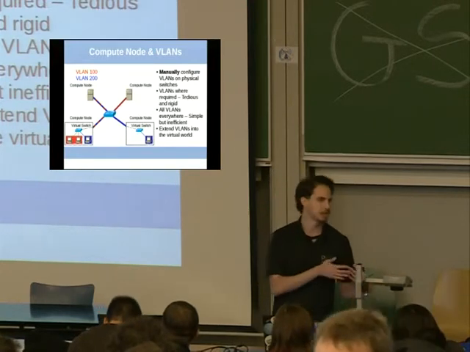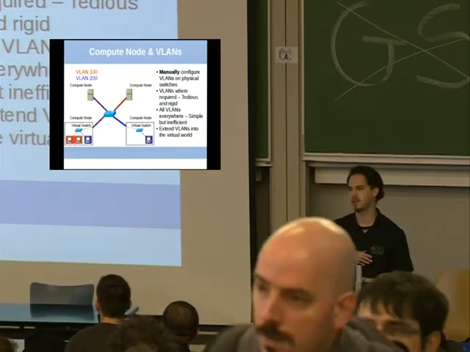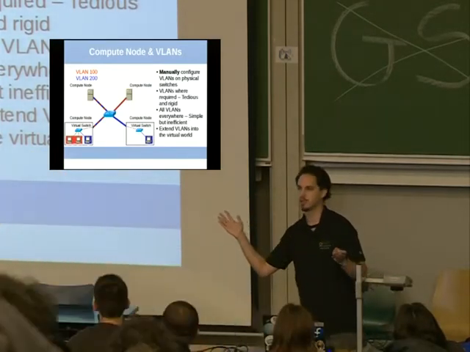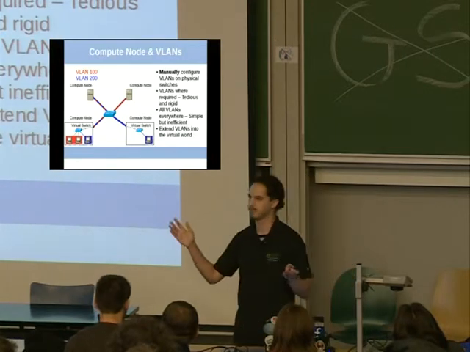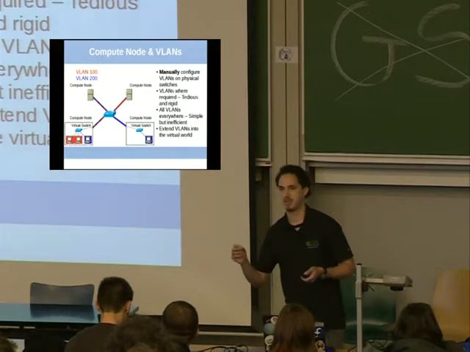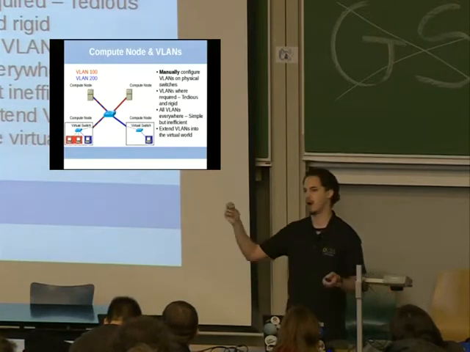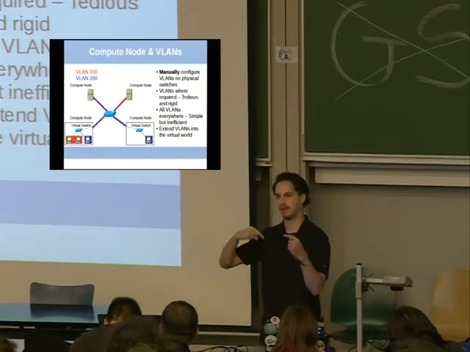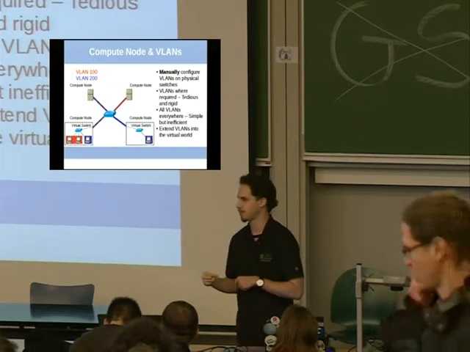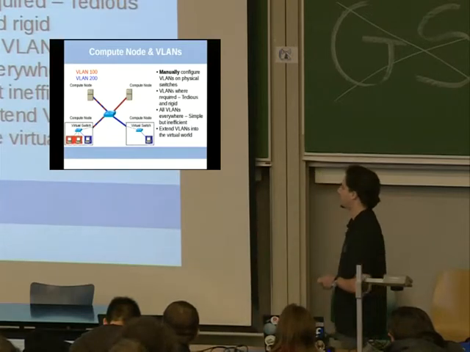So what most system admins do is enter each switch, and for each trunk port, they just enter the entire range, right? Because that's the only thing that's feasible. So that means that basically every broadcast reaches everywhere, all of the compute nodes, even compute nodes that aren't hosting VMs in the specific network, right? Does that make sense? So that's kind of a problem.